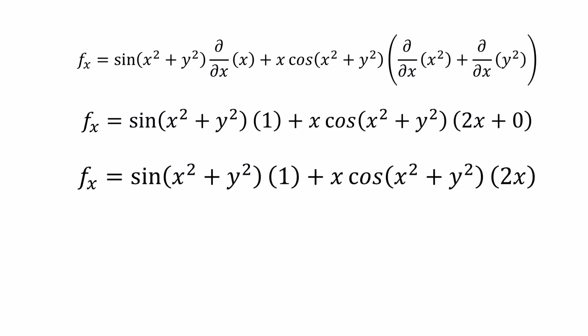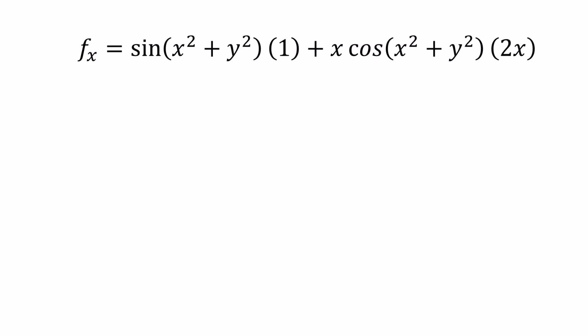f sub x equals sine of x squared plus y squared times 1 plus x cosine of x squared plus y squared times 2x.